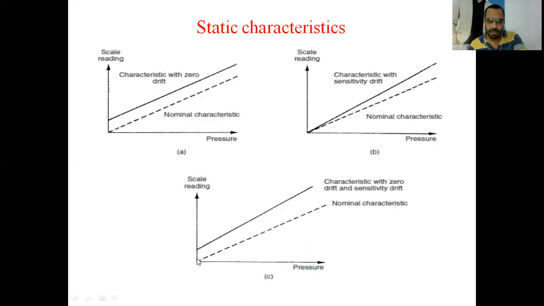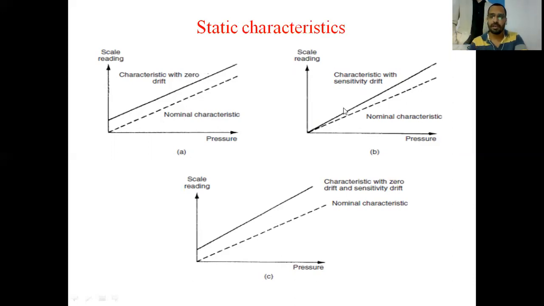For example, here the distance is less, here the distance is more, so it gradually increases from some point that is not 0, it has a value like 1, 2, 3, so it is a gradual shift. So that is why it is called the combination of zero drift and sensitivity drift.